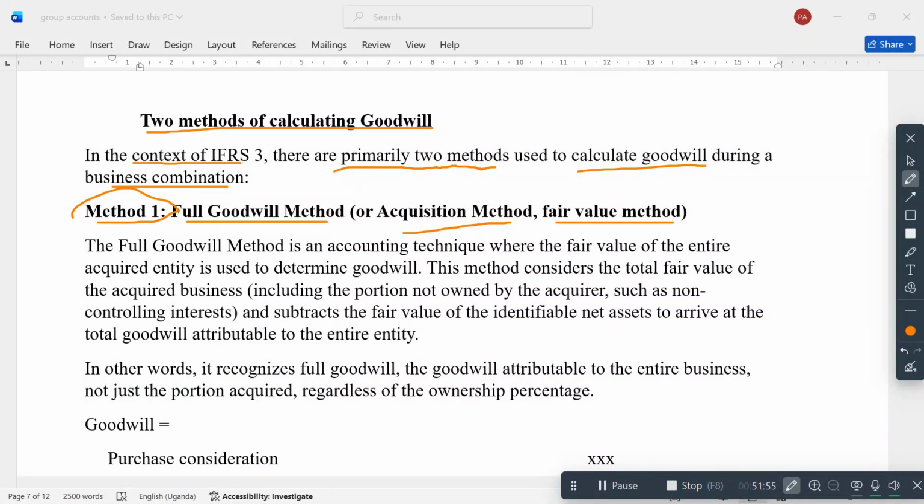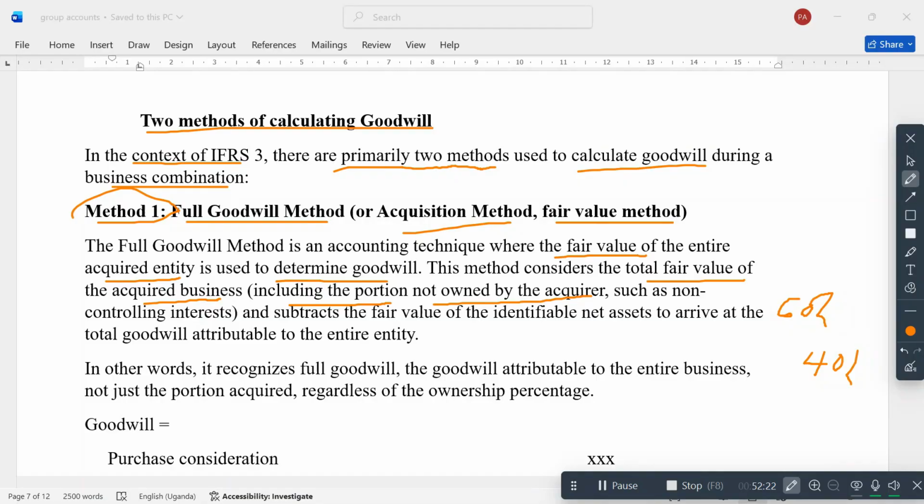The full goodwill method is an accounting technique where the fair value of the entire group is used to determine goodwill. This method considers the total fair value of the acquired business, including the portion not owned by the acquirer. Remember, I said if you have acquired 60%, there is this 40% which is not owned by the acquirer or by the parent.